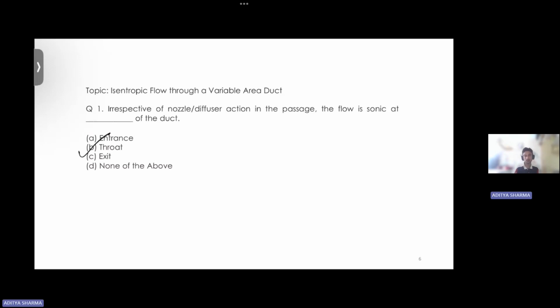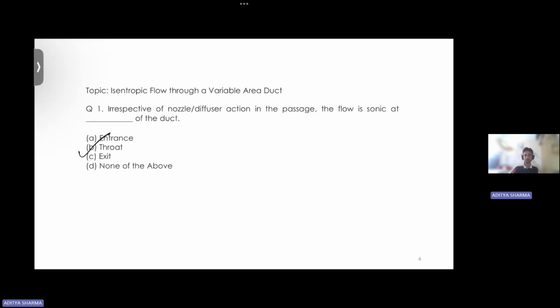And for diffuser action, if we have Mach greater than 1, a supersonic flow at the entry, then in the convergent section our flow will decelerate, and at the throat we will get the sonic value. Then the flow further decelerates in the divergent section also for the diffuser action. So the answer to this question is option B.